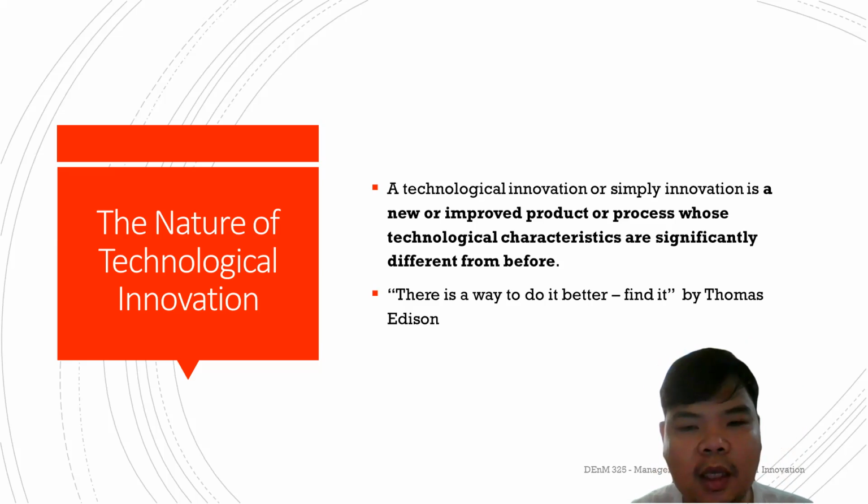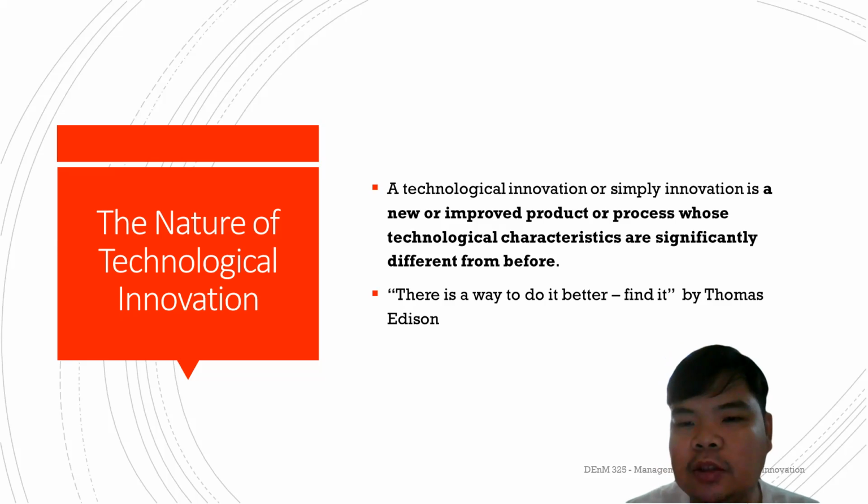According to Thomas Edison, there is a way to do it better. Of course, when you do certain things that will improve the life of every person, or the improvement of humanity, the way to do it better is that you need to find a solution.